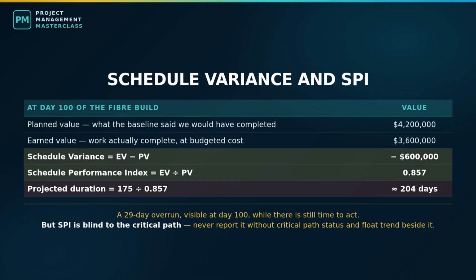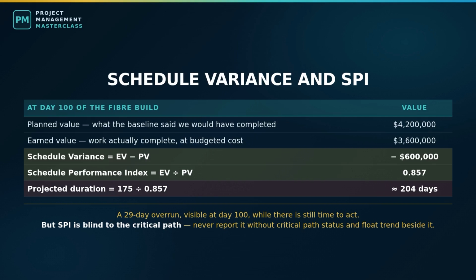Now the critical warning. Schedule Performance Index is blind to the critical path. It is a value-weighted average across all your work, which means you can be completing large volumes of easy, non-critical work, post an index of 1.05, report yourself ahead of schedule, and be sitting on a stalled critical path that guarantees you will be late. The pattern goes like this.